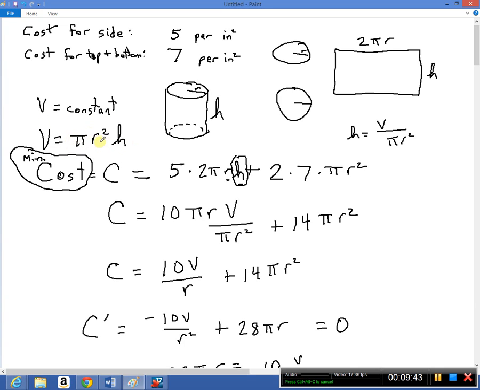And that volume equation then represents a relationship between r and h. As soon as you know that v is constant, if you make a change in h, that's going to force r to dance. Make h bigger, r has to get smaller. Make h smaller, r has to get bigger, and vice versa. So that's the relationship between the two, and that allows you to eliminate one for the other one.